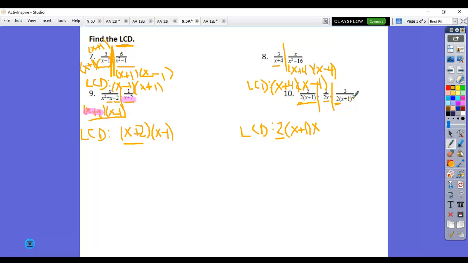That means x plus 1 times x plus 1. That means in my least common denominator, I need 2 x plus 1s. Right now, I just have 1. So you can either write it out as x plus 1, or you can just make it easy and square the x plus 1.